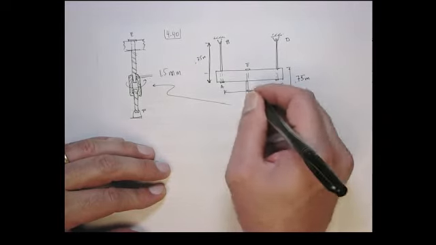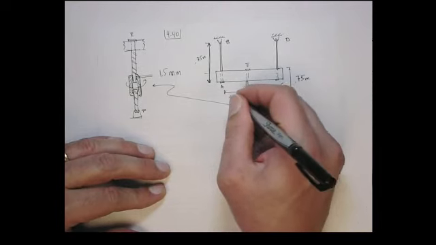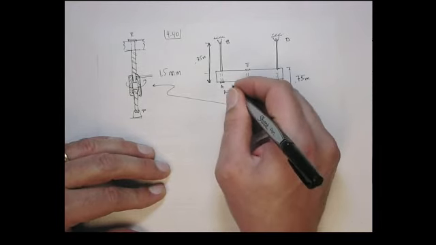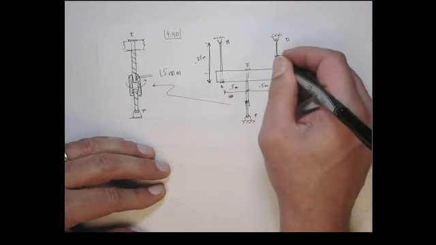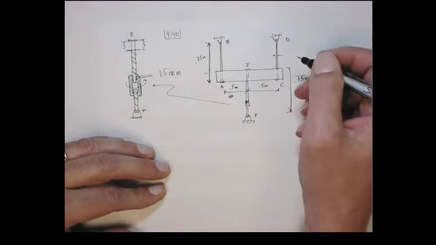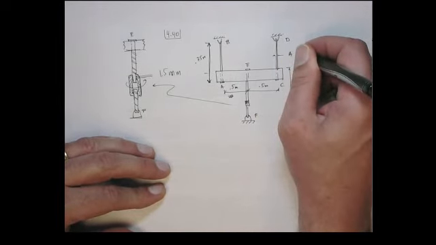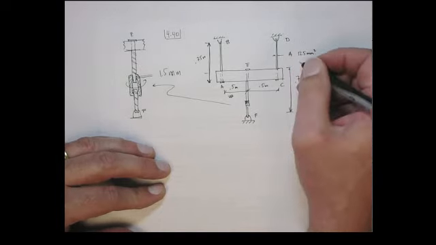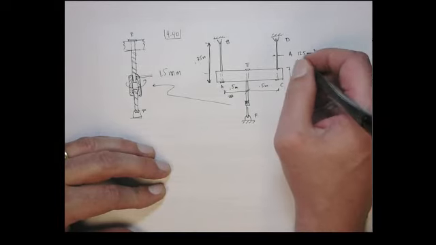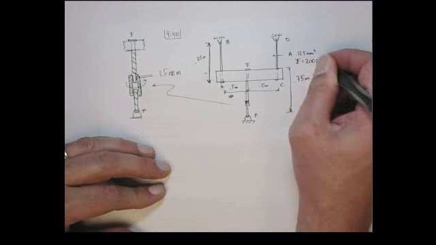They're equal, and they are 1/2 of a meter. These guys are all the same. They have a cross-sectional area of 125 square millimeters, and they're made out of steel, so Young's modulus is 200 GPa.